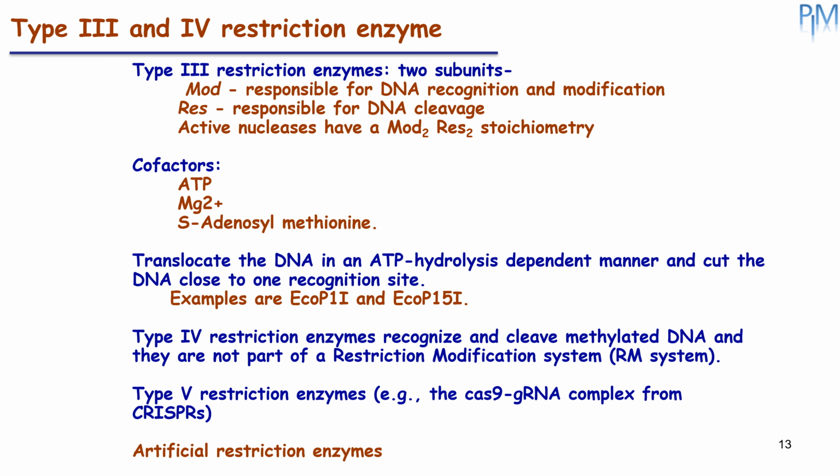Type III enzymes recognize specific sequences but make their cut at a different specific location, usually within about 25 base pairs of the recognition site. They have two subunits, Mod, responsible for DNA recognition and modification, and Res, responsible for DNA cleavage.